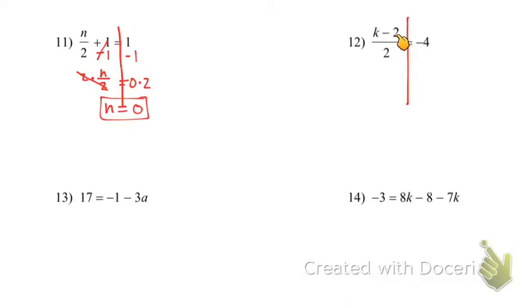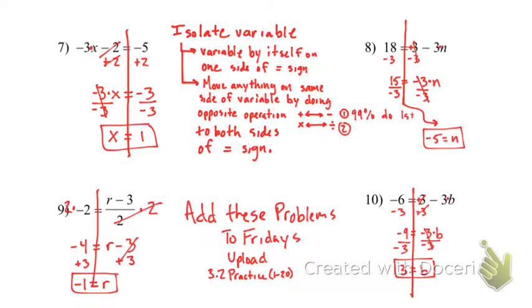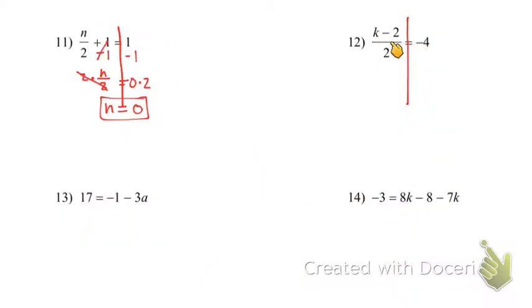I have to get rid of this 2 and this 2. This 2 is subtracting, this 2 is dividing. So the rule says we want to get rid of anything that's adding or subtracting first, okay? But here's the problem. The exception of the rule is we cannot get rid of adding or subtracting first if it's being divided.